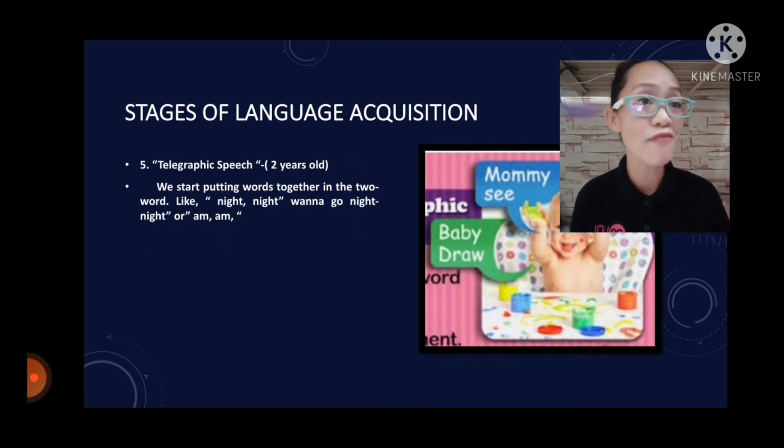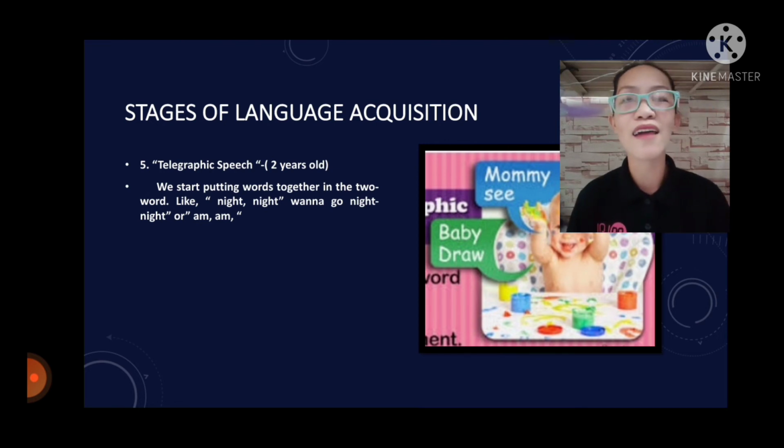Number 5 is telegraphic speech. It happens at 2 years old. In telegraphic speech, we start putting words together, two words like night night, wanna go night night.